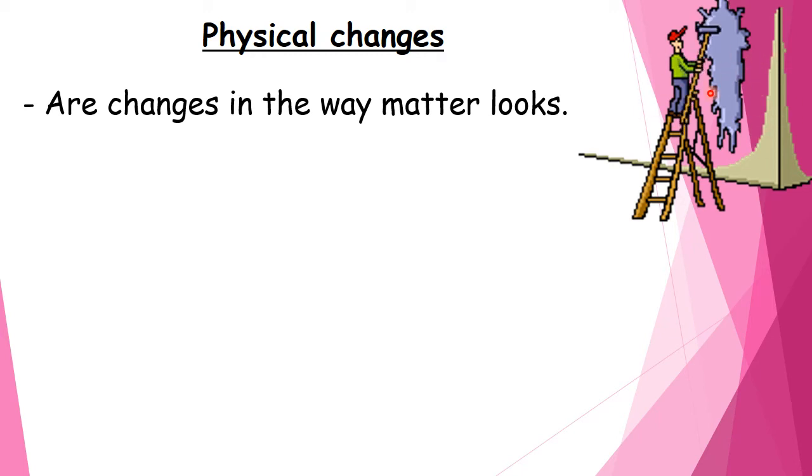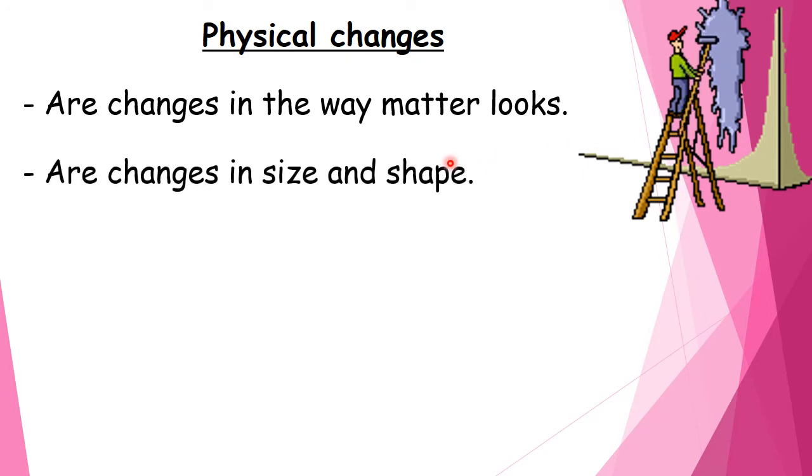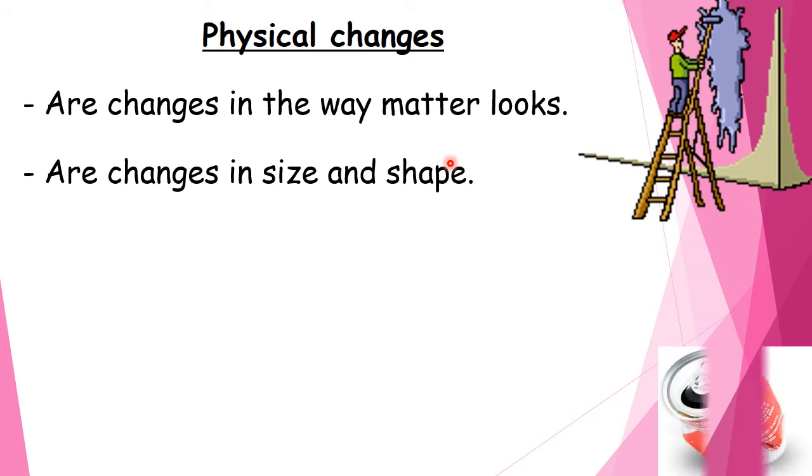Okay, so physical changes are changes in the way matter looks. Physical changes are changes in size and shape also, like here, crumbling a can. We are changing the size and the shape of the can.